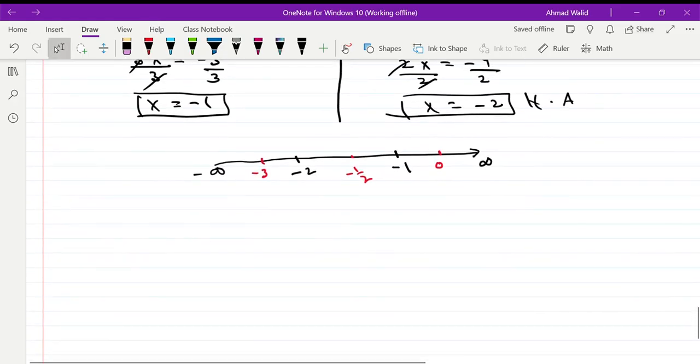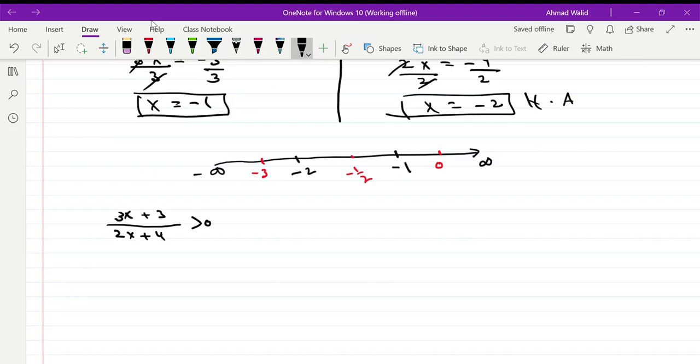The actual inequality was 3x plus 3 over 2x plus 4 greater than 0. Let's plug in -3 first. Then this one will be 3 times -3 plus 3 over 2 times -3 plus 4.